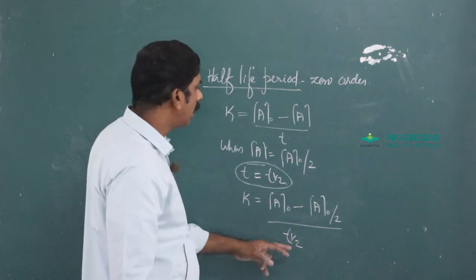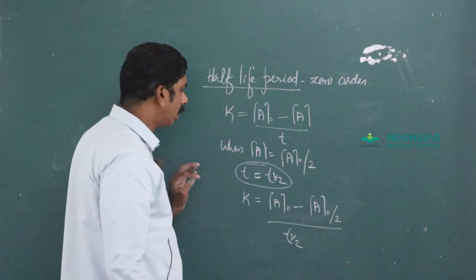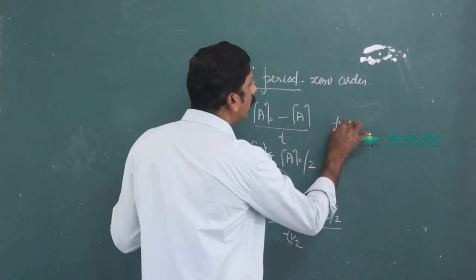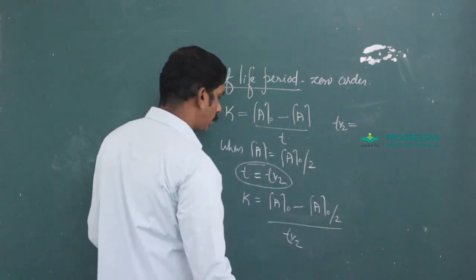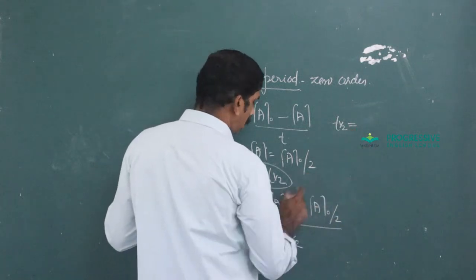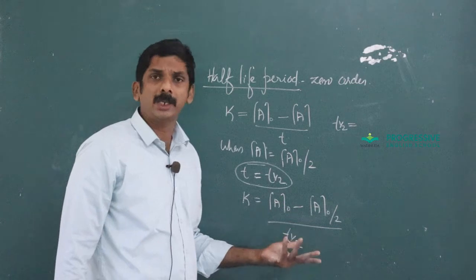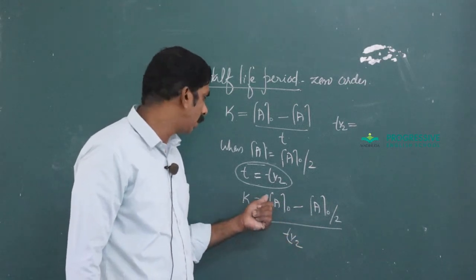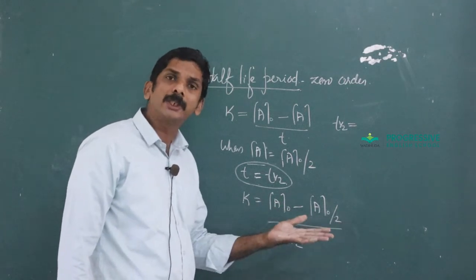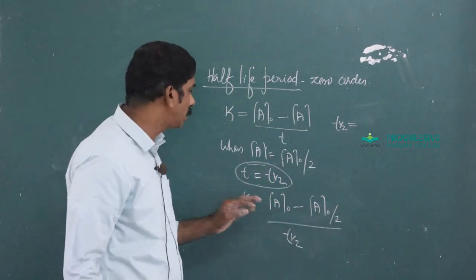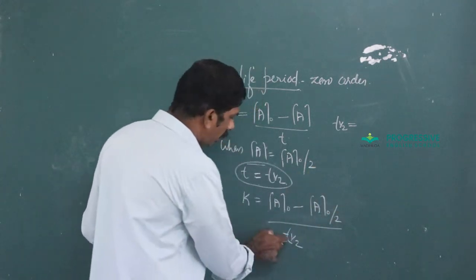Or T half equal to A0 minus A0 by 2. That is A0 by 2, isn't it? One A0 minus half A0 equal to half A0 or A0 by 2.